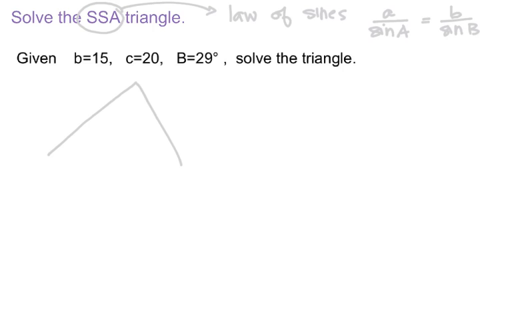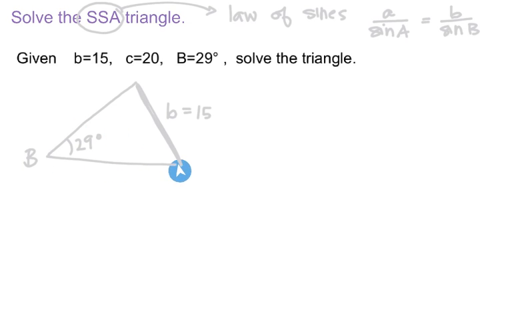So I'm just going to draw a random triangle. I'm going to label my given angle B. B is 29 degrees. The side opposite is given, that guy over here, that is little b, is 15. And I could label either of these two sides to be c.